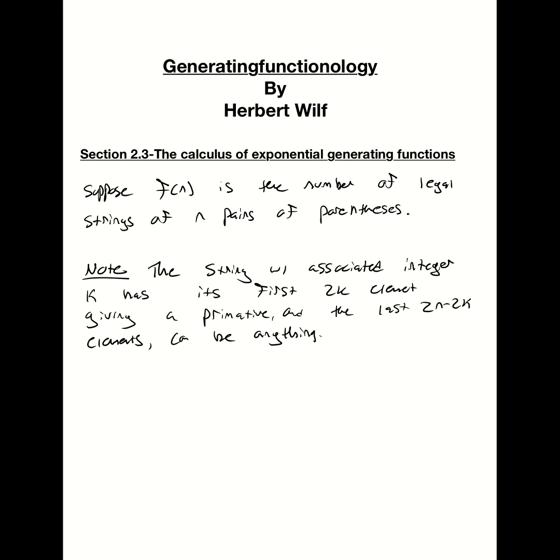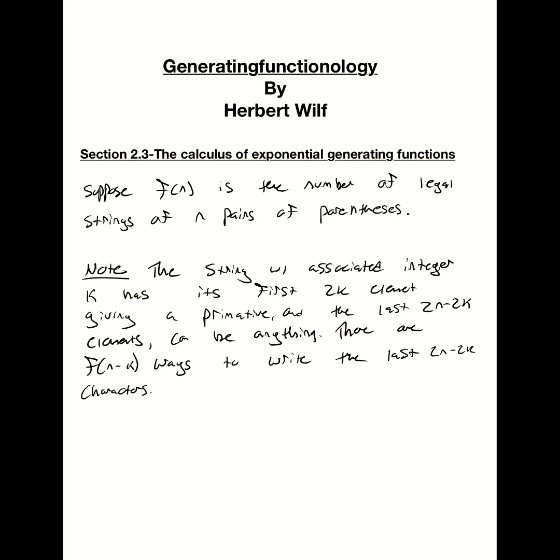So we know that for the second piece, the 2n minus 2k characters, there are f of n minus k ways to write them, because it indeed has to be a legal string.